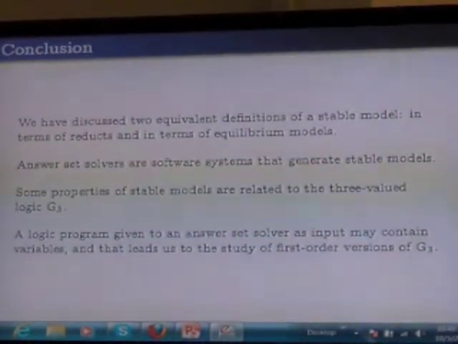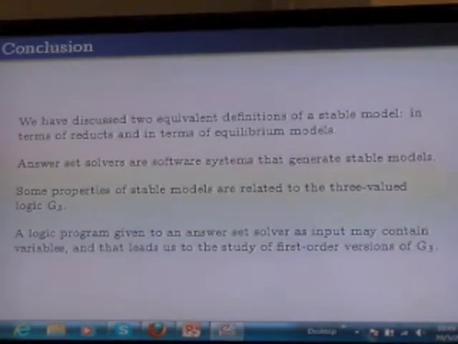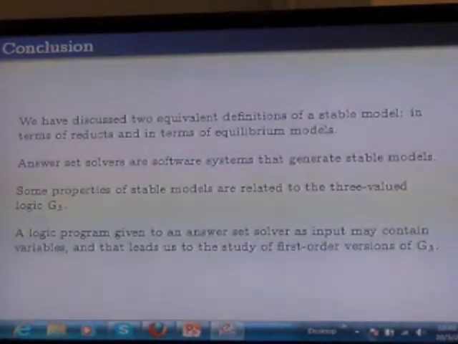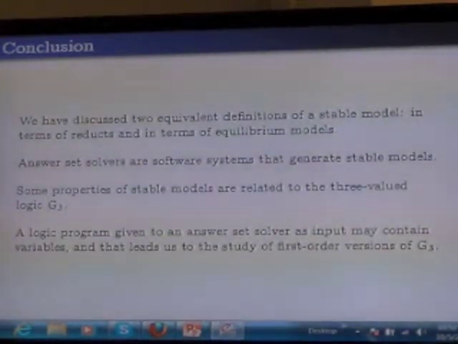And here's my conclusion. One thing that I didn't mention yet, this last sentence here: the only examples of programs that I showed here were programs without variables, although I used variables at one point.